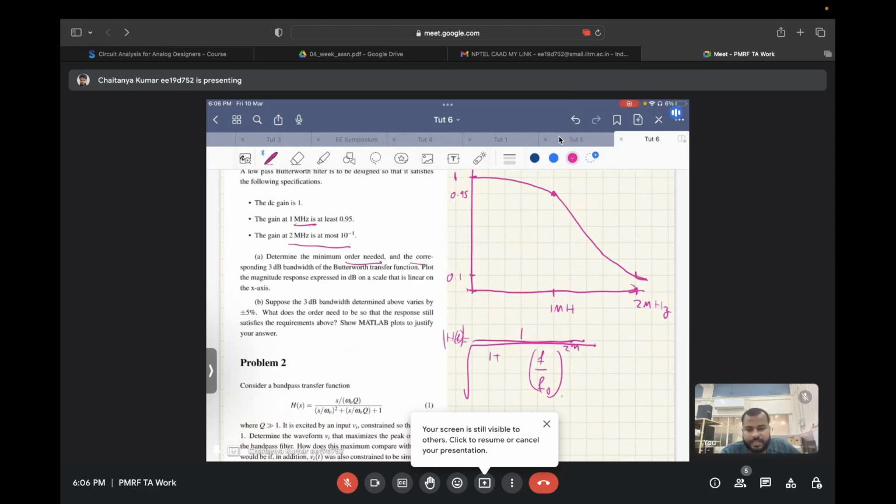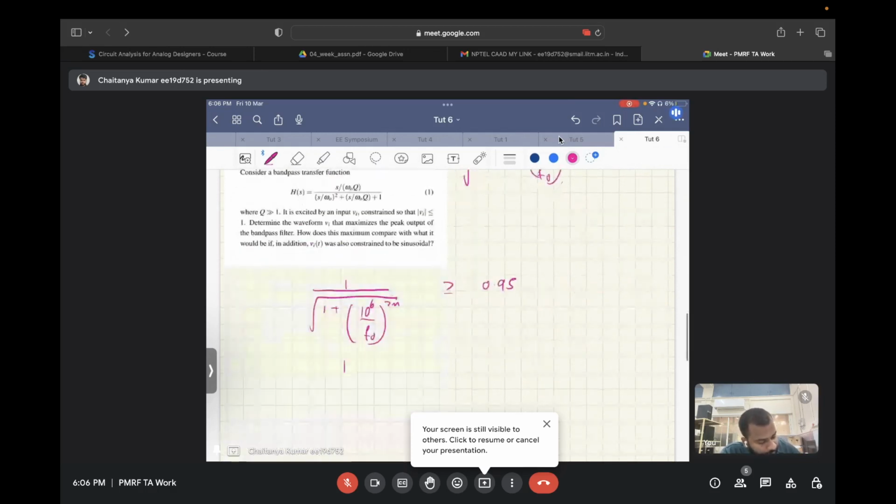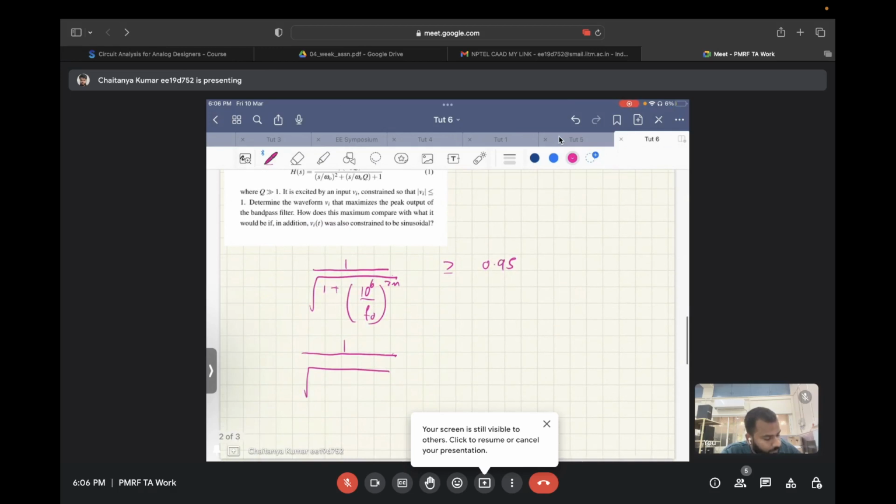And the other constraint is that at 2 megahertz it should be less than 0.1. So the other constraint is 1 plus 2 into 10 to the power 6 by f naught to the power 2n must be less than or equal to 0.1.